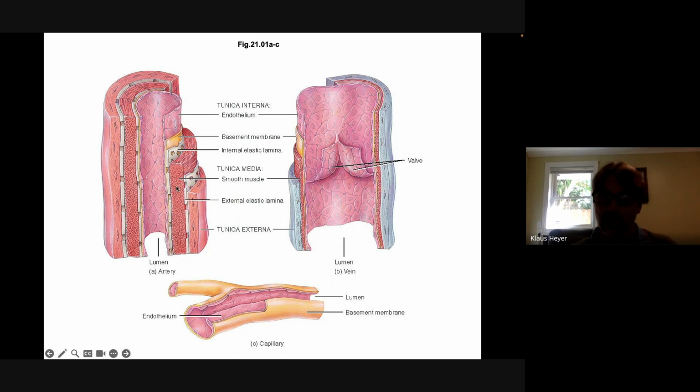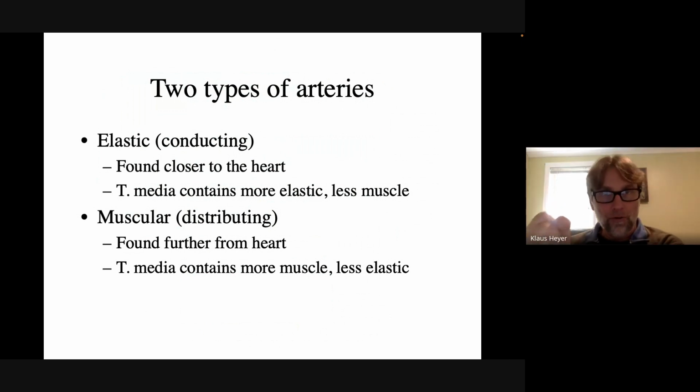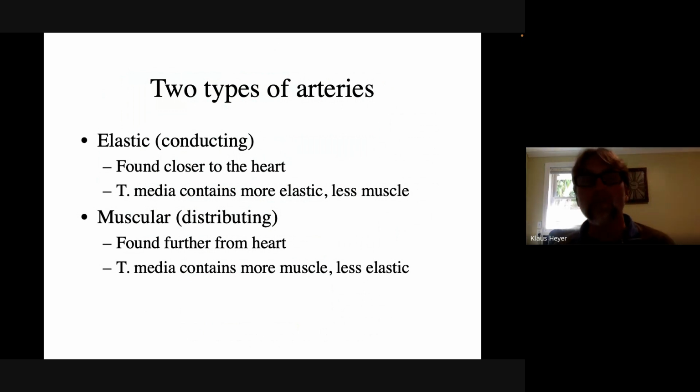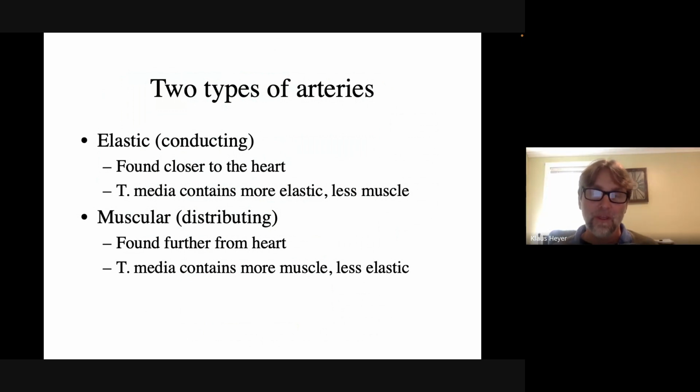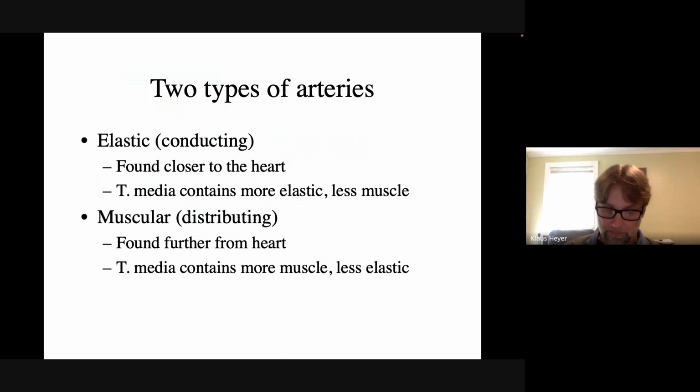This is a muscular artery, or we can call it a distributing artery, because you can shut the arteries in your arms and legs down and divert blood to your core if you wanted. So not a lot of elastic, more muscle. On the other side, you have elastic arteries closer to your heart.